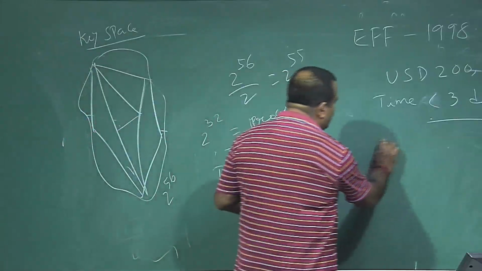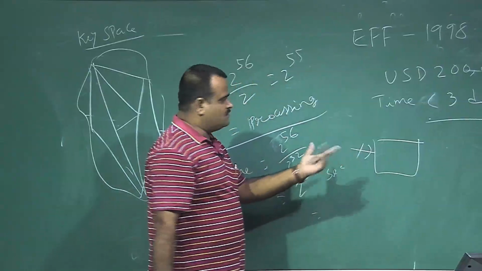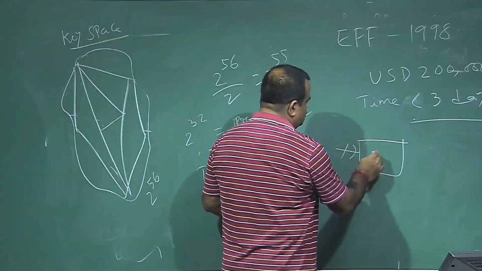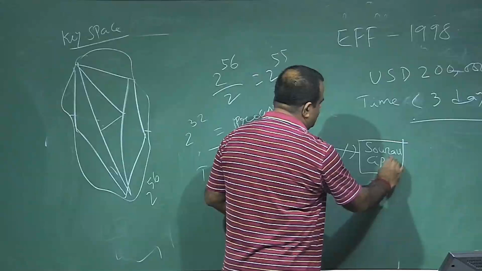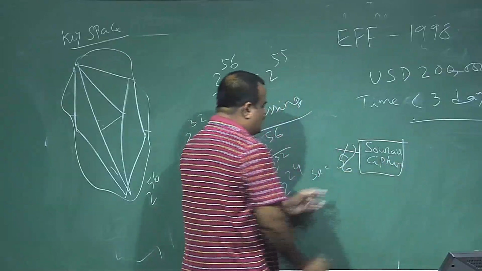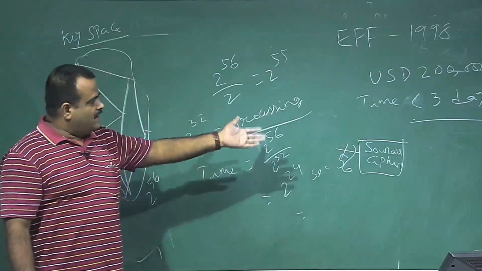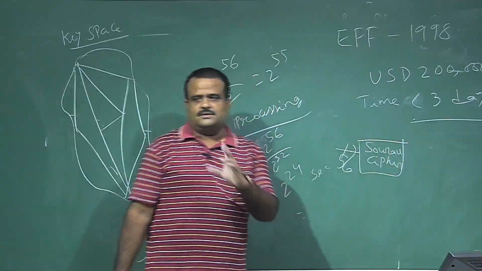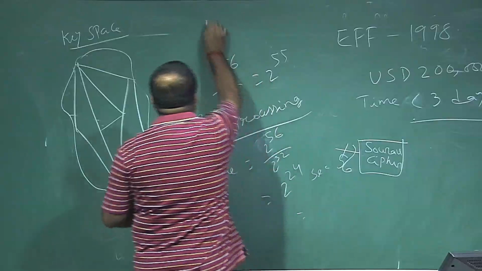So the same attack can be mounted on another cipher, some X block cipher or some Sourabh block cipher. The only thing is, if the key size is 56, the same attack idea carries over. We are not looking at the inside of the cipher, so in that sense it is called a generic attack.